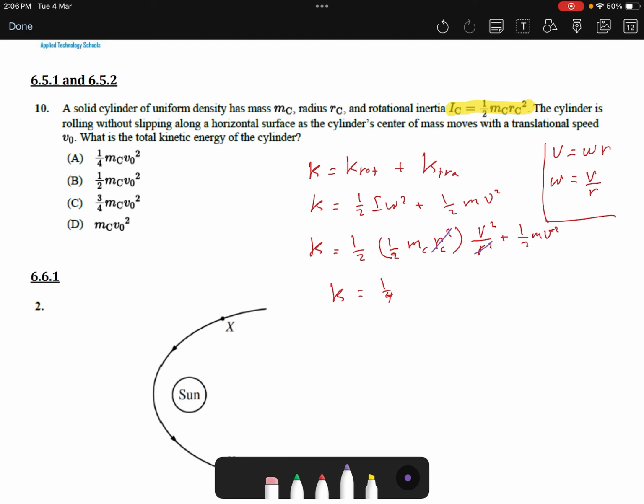So 1 over 4 m v squared plus 1 over 2 m v squared. 1 over 4 plus 1 over 2 equals 3 over 4 m c v squared. This is the final answer, which is C.